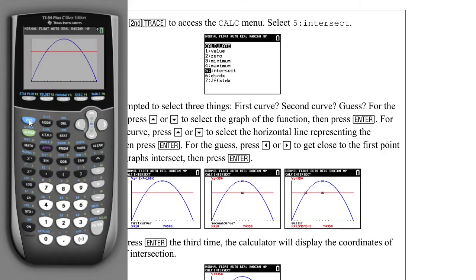So I'm going to hit second, and then I'm going to hit trace. Don't just hit trace, hit second and then trace. If you don't get this menu, you hit the wrong button. And I want to find out where two graphs intersect, so I'm going to choose the intersect function.